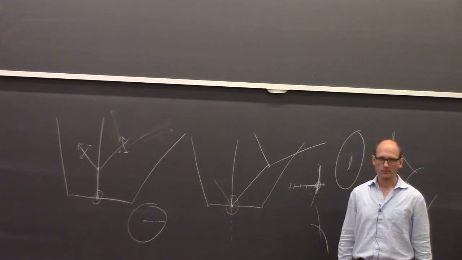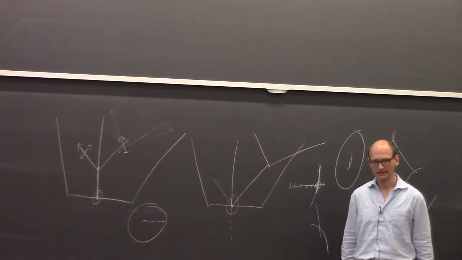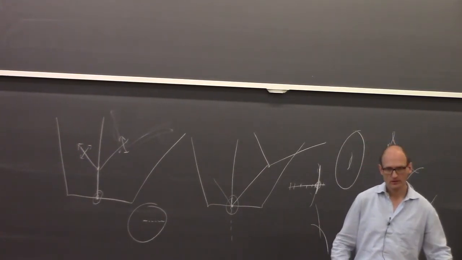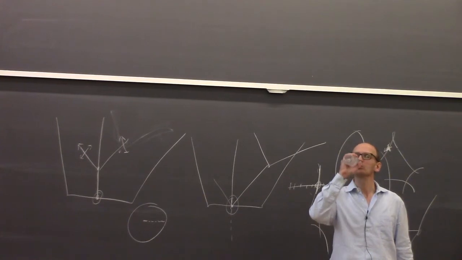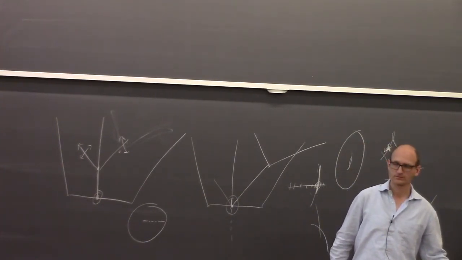So another question: my understanding is symplectic cohomology has an A-infinity structure. It has an A-infinity structure, just like quantum cohomology. Yes, quantum cohomology has an A-infinity structure, but that's a hard structure to understand. It's kind of weird.